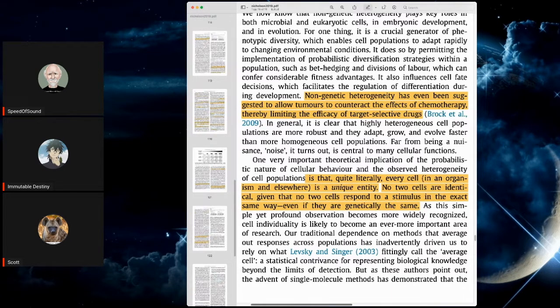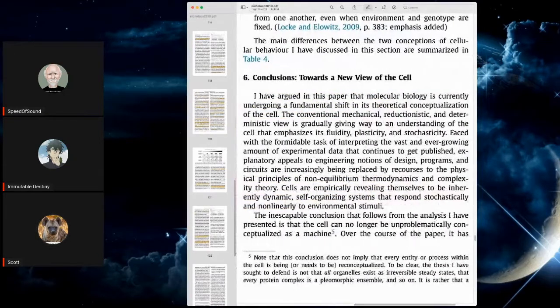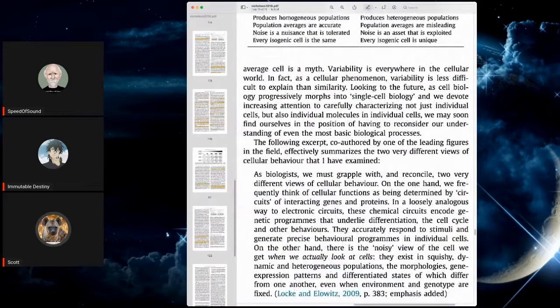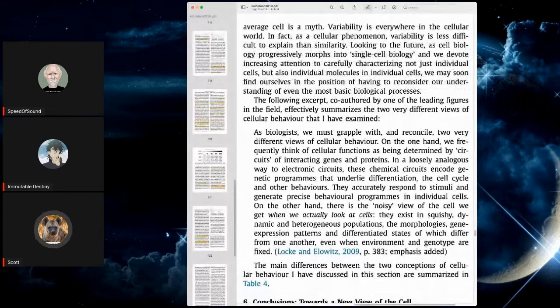of detection. But as these authors point out, the advent of single molecule methods has demonstrated that the average cell is a myth. Variability is everywhere in the cellular world. In fact, as a cellular phenomenon, variability is less difficult to explain than similarity.